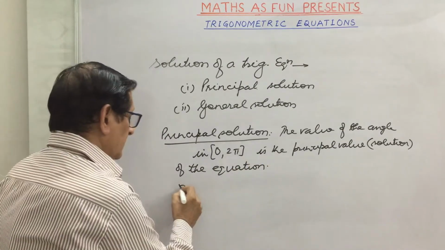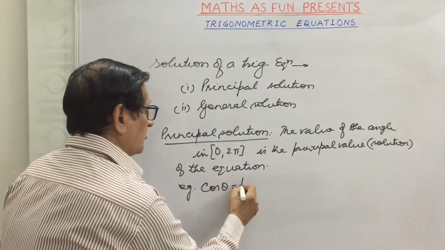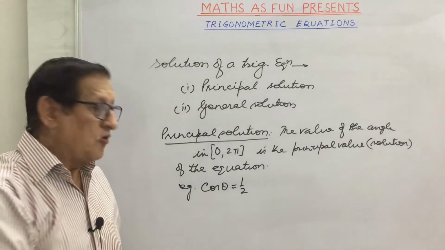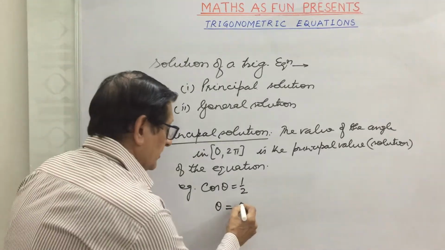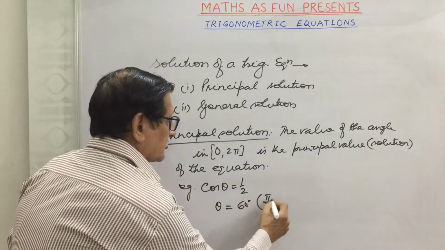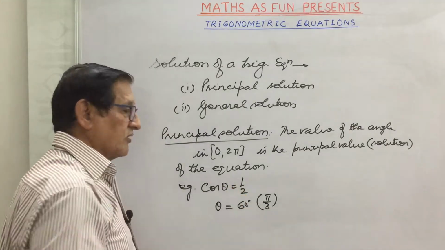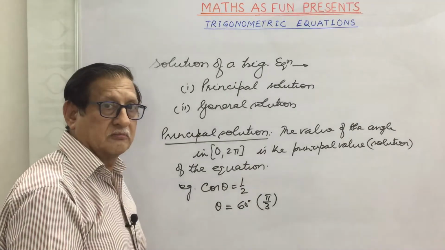For example, suppose we take one of the question here, cos theta equal to 1 by 2. This is a trigonometric equation. We know that the values of theta, first one that is 60 degree, or we say pi by 3, satisfies the equation. So this is the value of theta which can be said to be the solution of the equation.